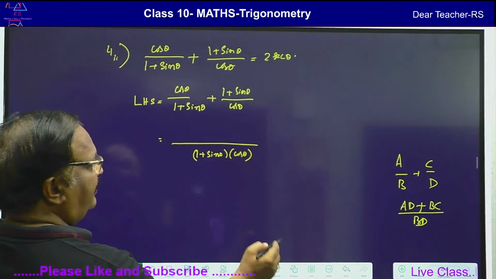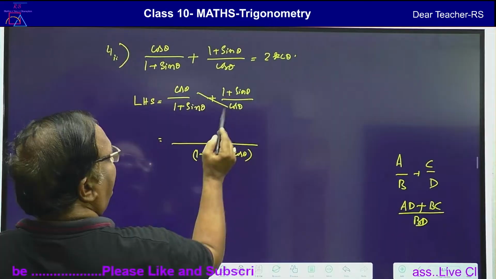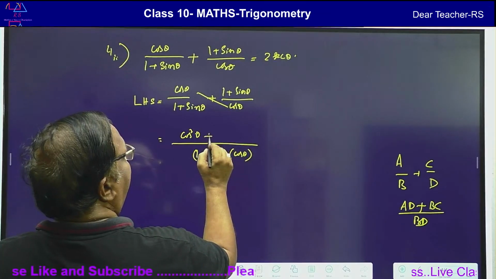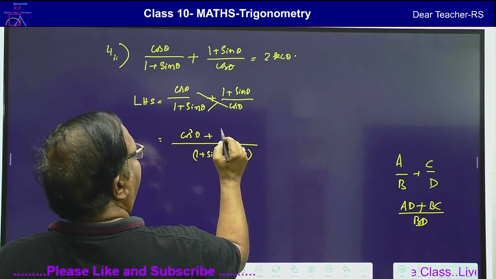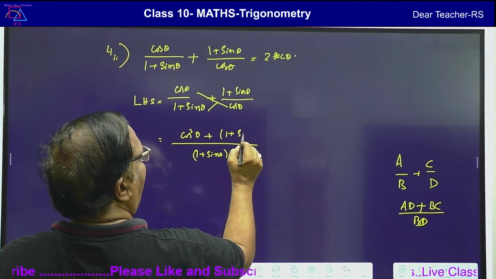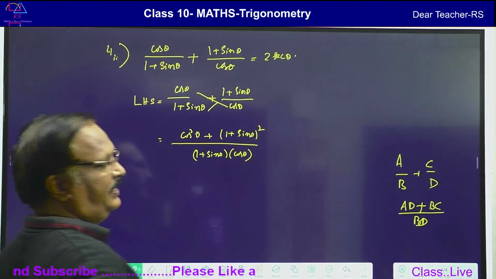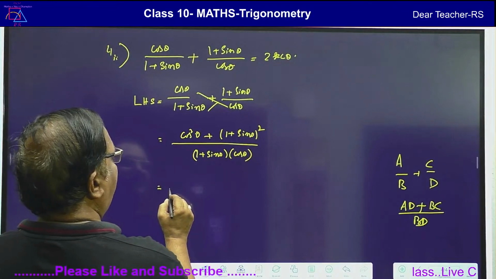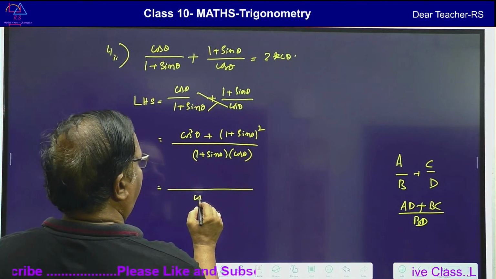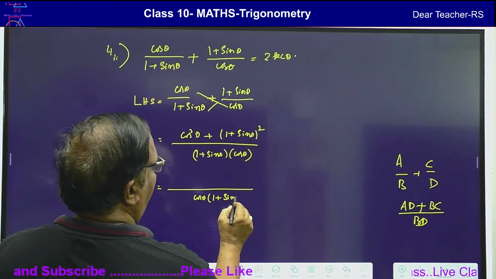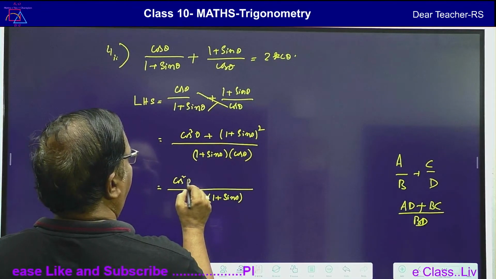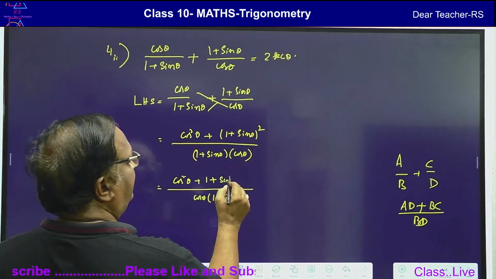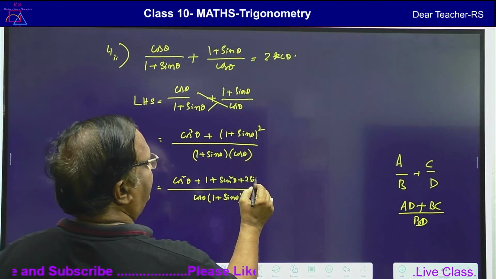And then ये दोनों मल्टीप्लाई करना है, so कॉस स्क्वायर थीटा, plus ये दोनों मल्टीप्लाई करना है, so 1 प्लस साइन थीटा इंटू 1 प्लस साइन थीटा, 1 प्लस साइन थीटा होल स्क्वायर हो जाता है. नीचे कुछ करने का जरूरत नहीं है, वैसा छोड़ दीजिए. ऊपर हम सिंपलीफाई करना है. (a plus b) whole square, a square plus b square plus 2ab, 2 साइन थीटा.